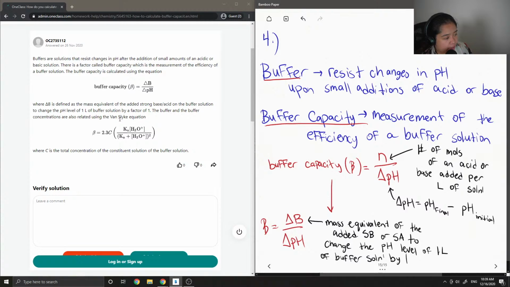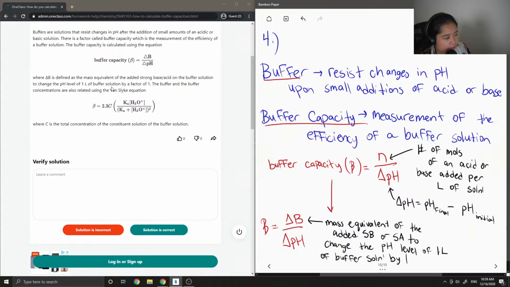Buffer capacity and the buffer concentrations are also related using the Van Slyke equation. So they had beta is equal to 2.3 C times Ka times the concentration of hydronium ion, H3O+, all of that divided by Ka plus the concentration of H3O+ to the power of 2, where C is the total concentration of the constituent solution of the buffer.